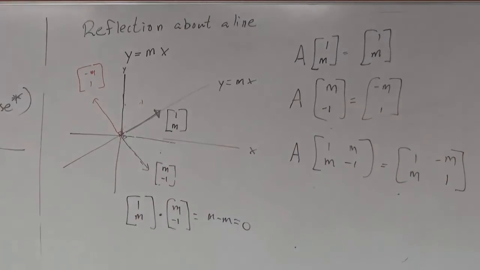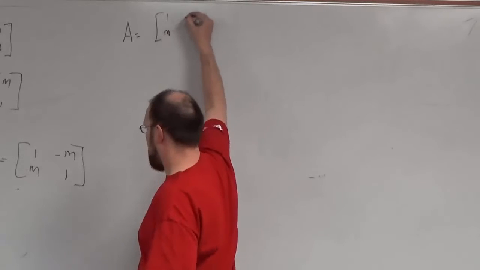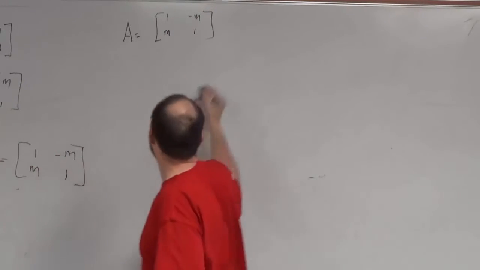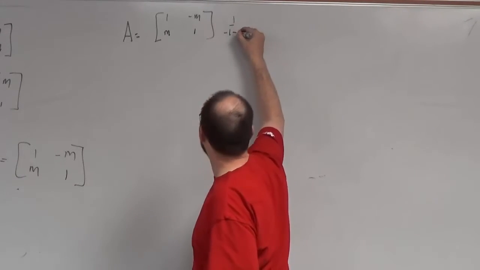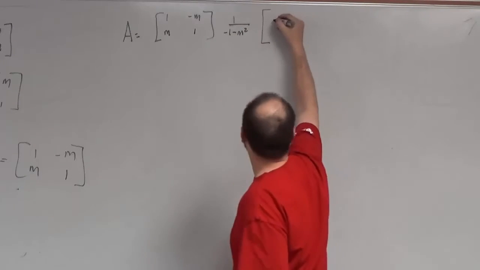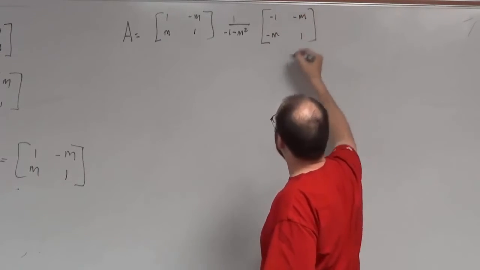Now we can solve for A by right multiplying both sides by the inverse of this matrix. So -1 minus n squared for the determinant in the denominator here. Flip the diagonal entries, change the sign of the opposite. So that's the inverse.